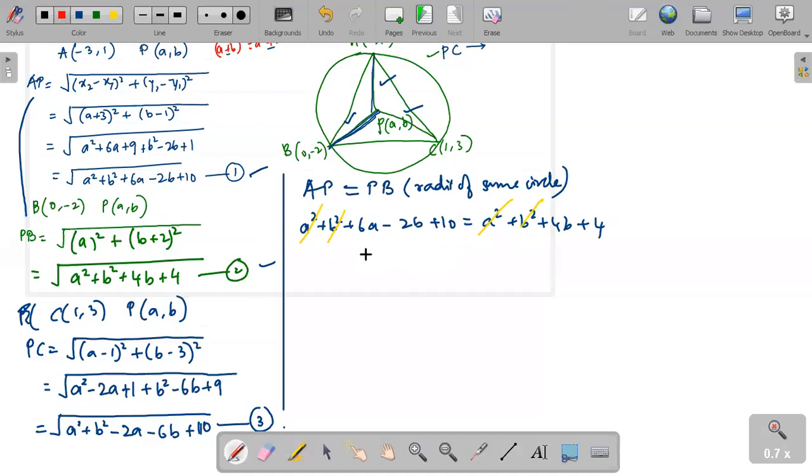So check everybody, this 4b, to shift to this side, will become minus 4b. So 6a minus 2b minus 4b will become minus 6b, which is equal to, this 10 will shift to the other side, 4 minus 10 will give us negative 6. And all the 6's will get crossed out. We have the equation a minus b equals negative 1. This is our equation 4.